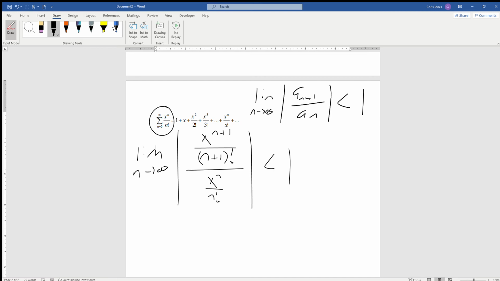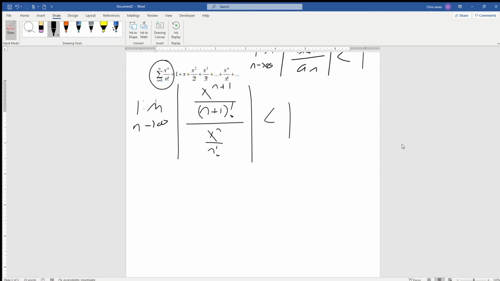Alright, so we're trying to figure out when that is less than 1. And if we can figure out when that's less than 1, it's convergent. And so we can just do some algebra magic on this. To clean up the complex fraction, we multiply by the reciprocal. So I'm just going to multiply by n factorial over x to the n.